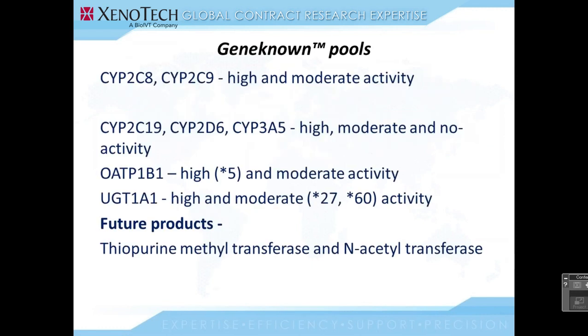Currently available genotyped pools are CYP2C9 and CYP2C19, for which we have high and moderate activity groups; CYP2C19, 2D6, and 3A5, for which we have high, moderate, and no activity pools; transporter OATP1B1, for which we have high and moderate activity pools, with allele OATP1B1*5 being responsible for high activity; and for phase 2, UGT1A1, we have high and moderate activity pools with alleles *27 and *60 responsible for reduced activity of the enzyme.